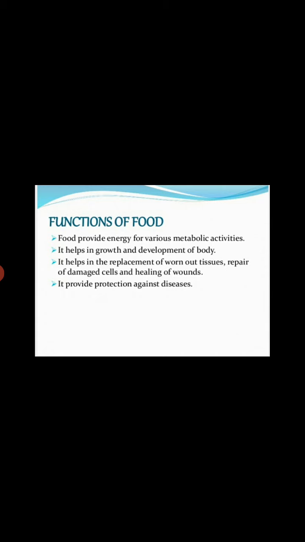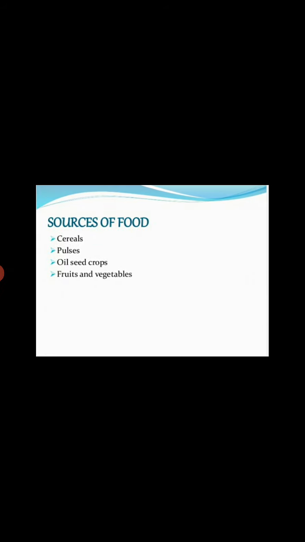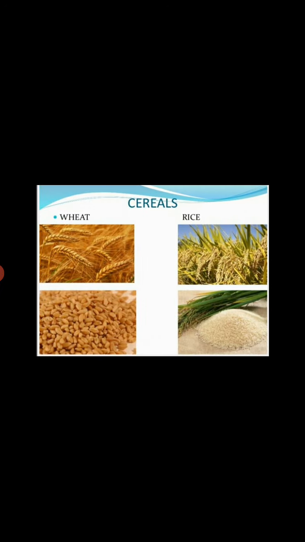Okay, let's move further. Sources of food are cereals, pulses, oilseed crops, fruits and vegetables. Let's move further. See the cereals with the help of pictures. Wheat you can see in the form of crop as well as in the form of grain.